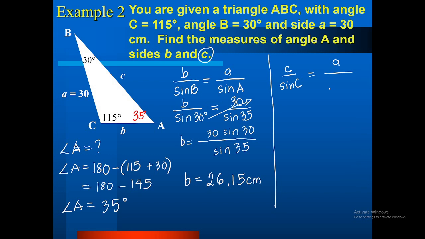Angle C, that's sine 115, is equal to A, that's 30 over sine A, that's sine 35. Then this sine 115 I will transfer. So you have C is equal to 30 sine 115 all over sine 35.